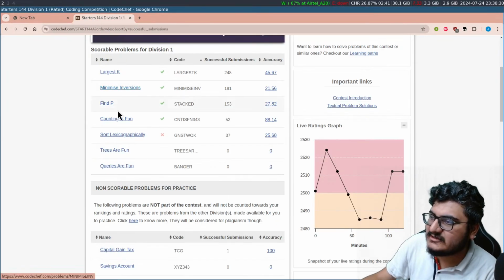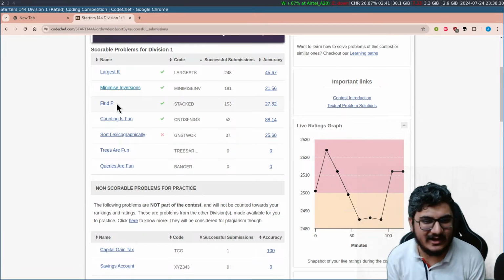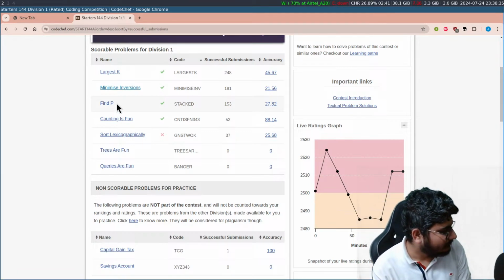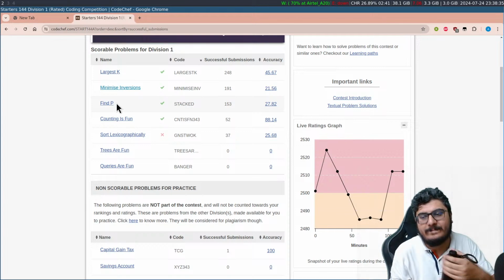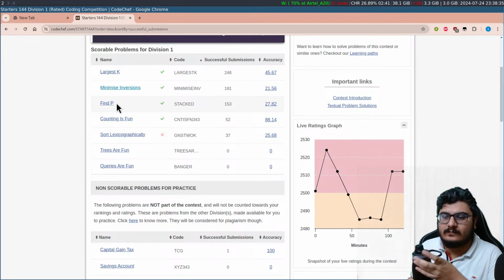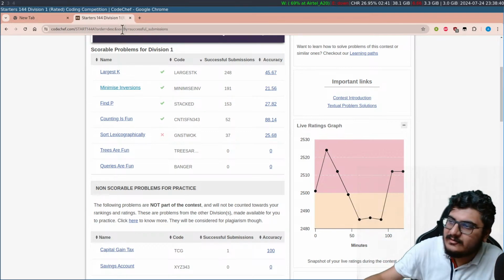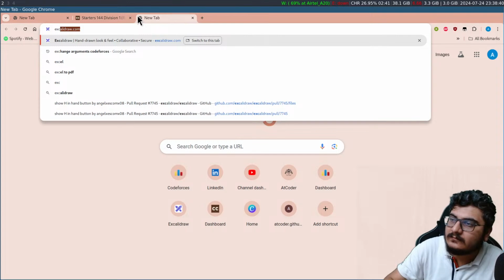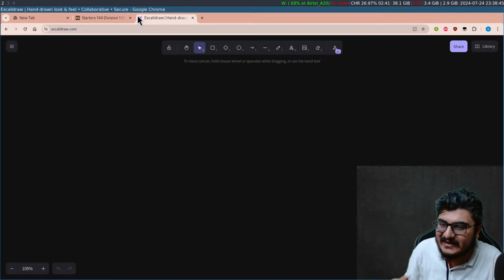So any questions on this problem before we move on to find P and counting is fun? For the drawing board, I am using Excalidraw, and then I have a writing pad there.